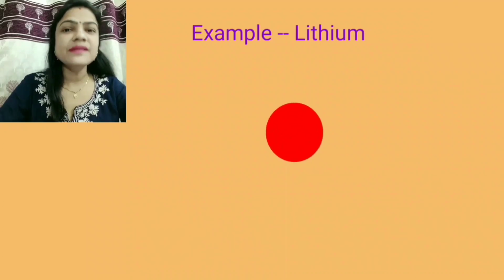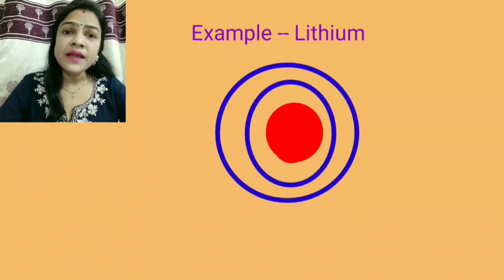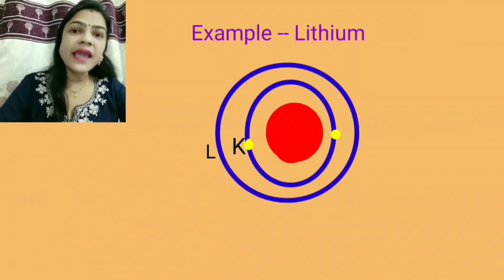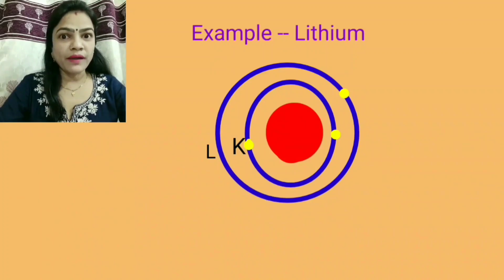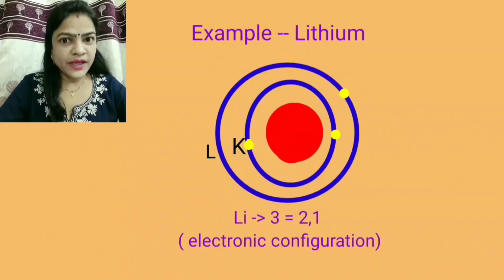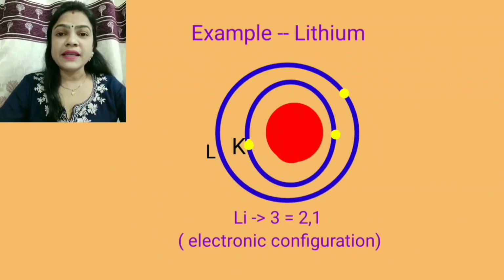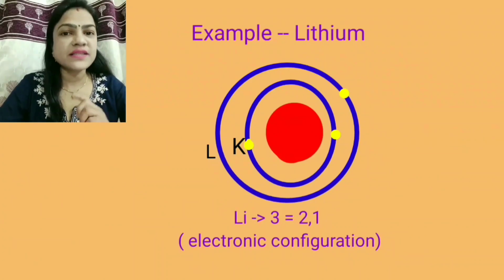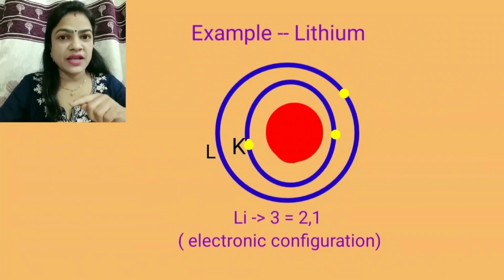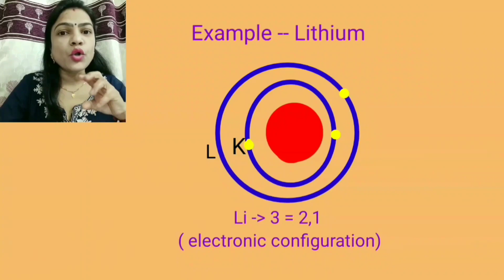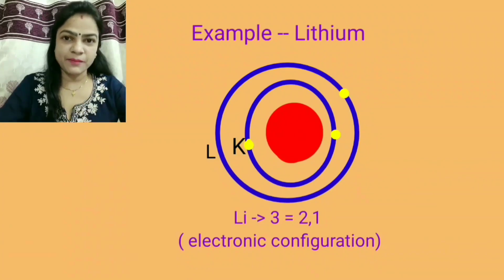For example, lithium. Lithium has atomic number 3, where according to the electronic configuration, 2 electrons take place in the first energy level, which means the K shell. In the K shell, 2 electrons can take place.